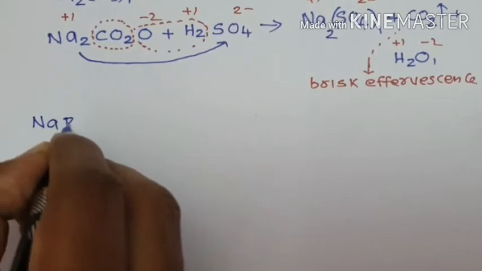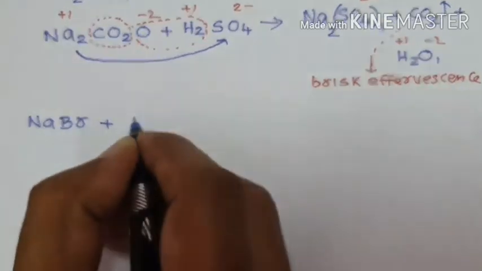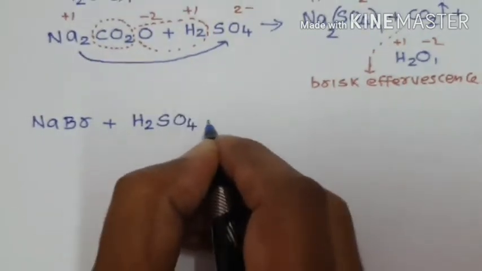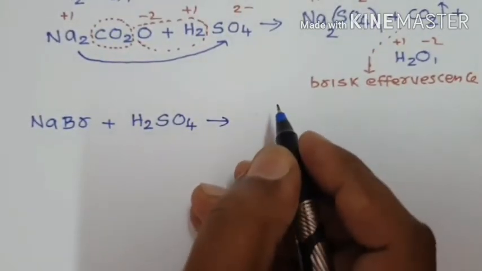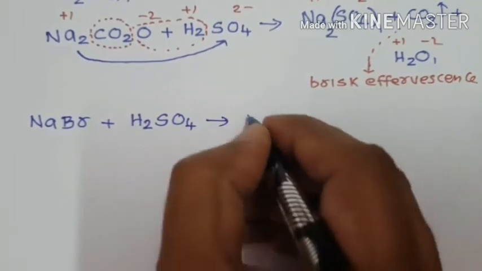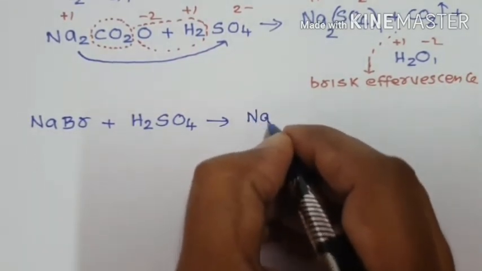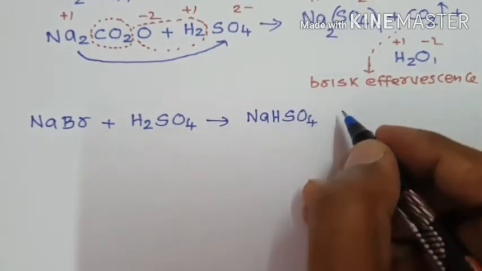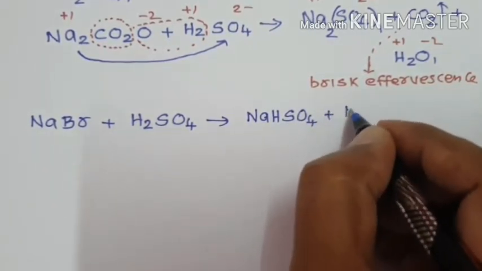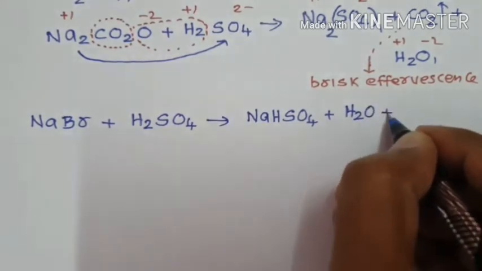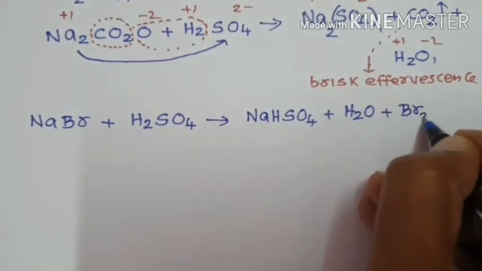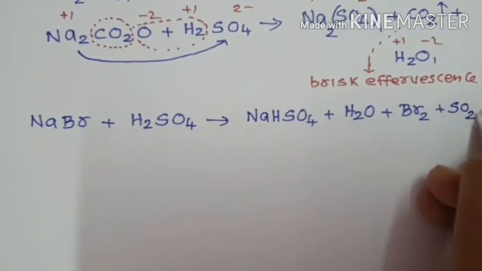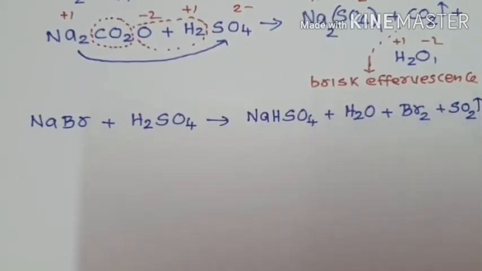When NaBr is treated with sulfuric acid, H2SO4, what are the products obtained? Sodium bisulfate, NaHSO4, plus H2O plus Br2, and liberation of SO2.